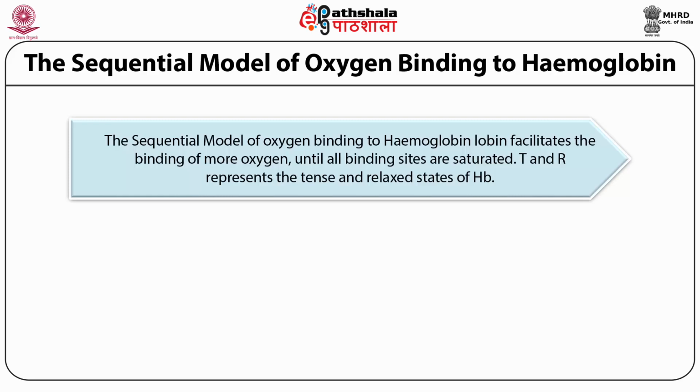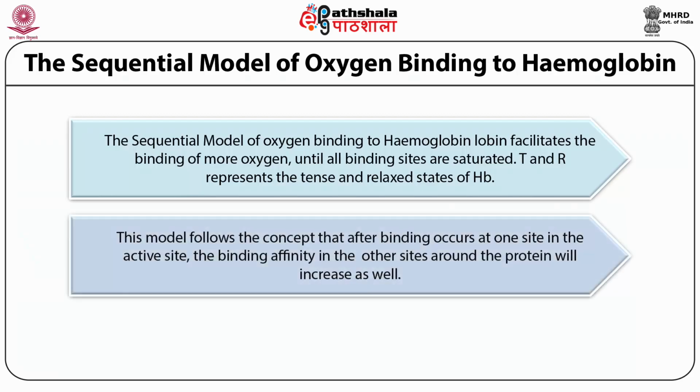When one molecule of oxygen binds to a monomer, it changes the conformation. So this allows hemoglobin to have both T state and R state in a given tetramer at a time. This model follows the concept that after binding occurs at one site, the binding affinity in the other sites around the protein will increase as well.